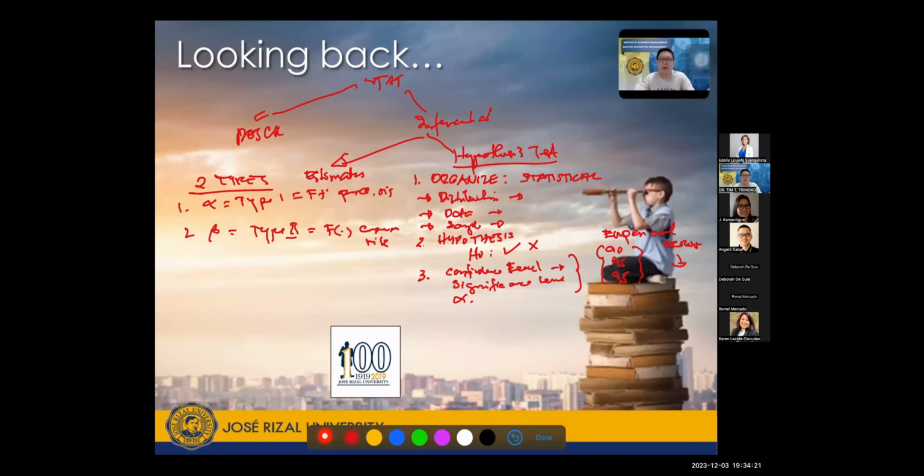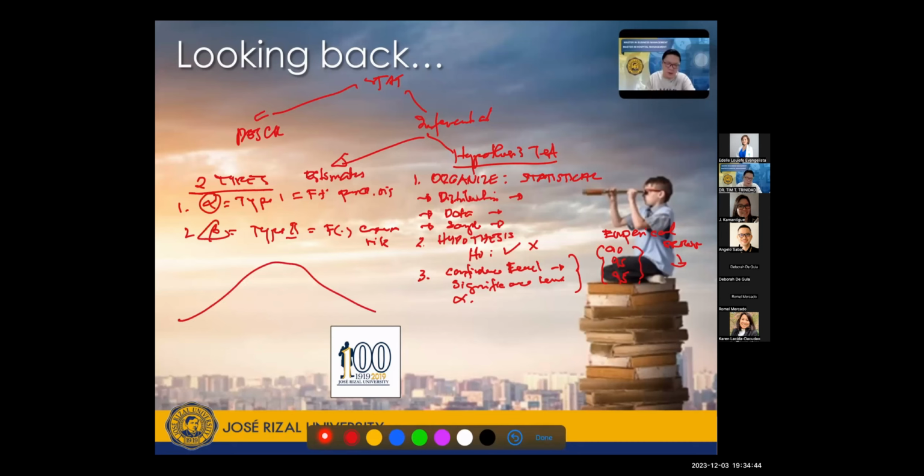Ikaw naman na doktor ang nag-iisip na baka merong effect yung gamot mo when in fact wala naman silang nararamdaman. Wala nang nararamdaman yung pasyente mo. Okay? So this is more the alpha error and type 2 is the beta error.